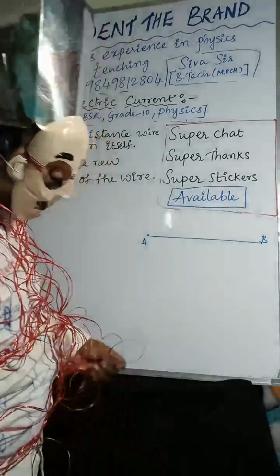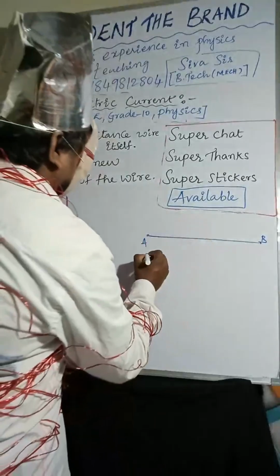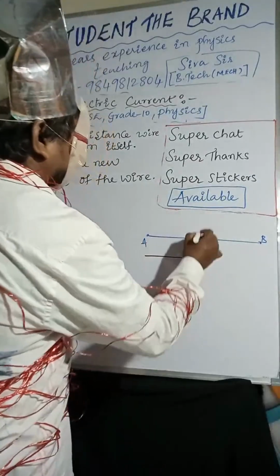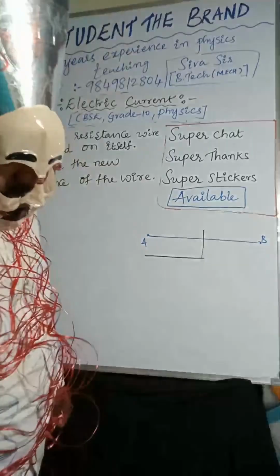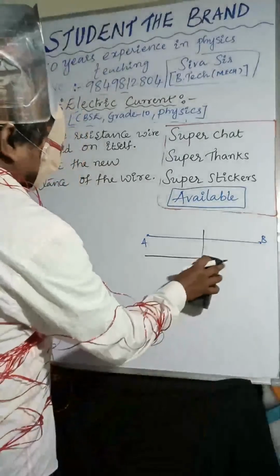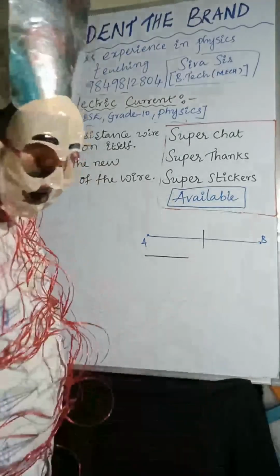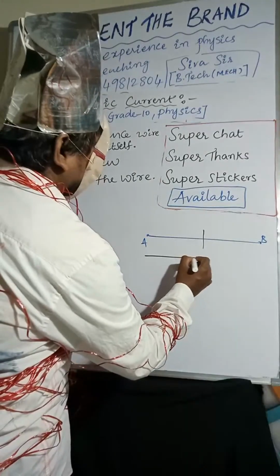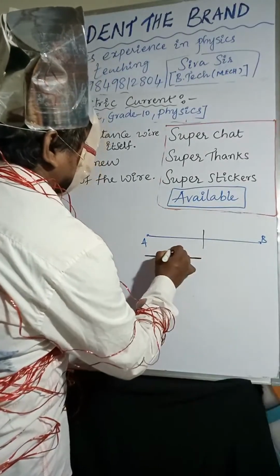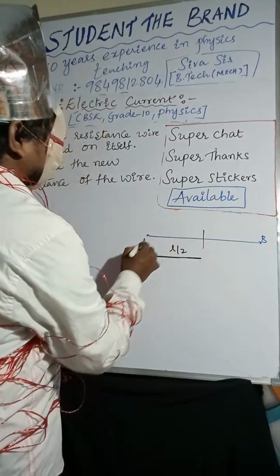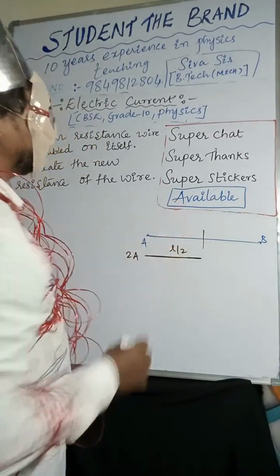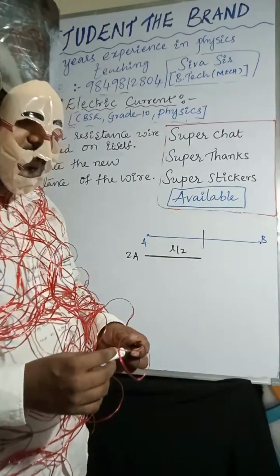Same thing I'm taking here. I'm taking half of the length, so the length becomes L by 2, and the area of the cross section is 2A.